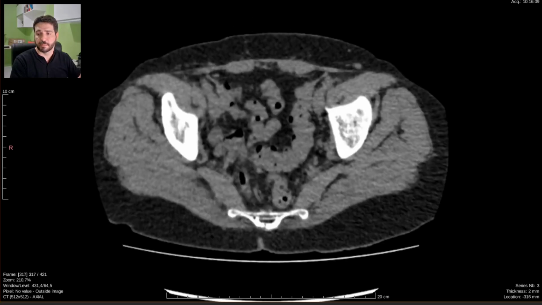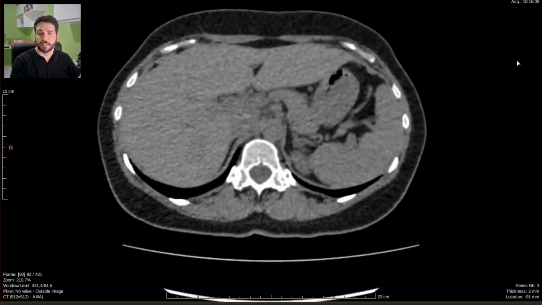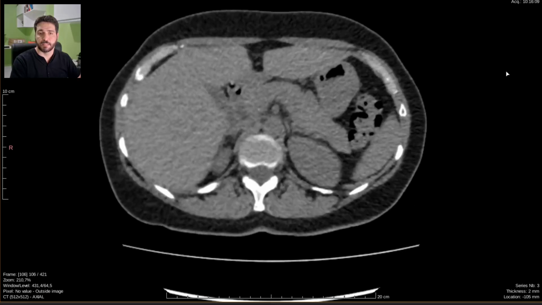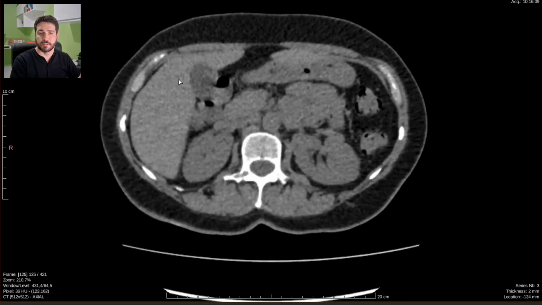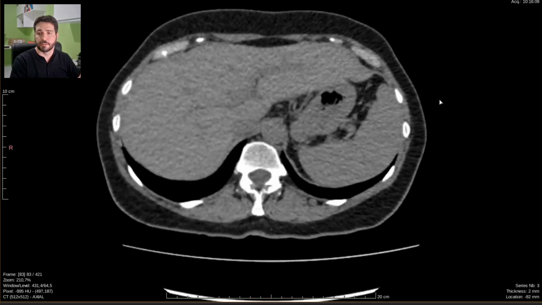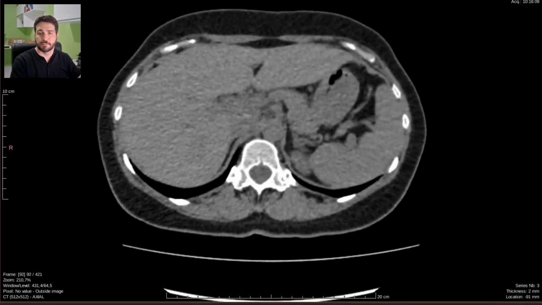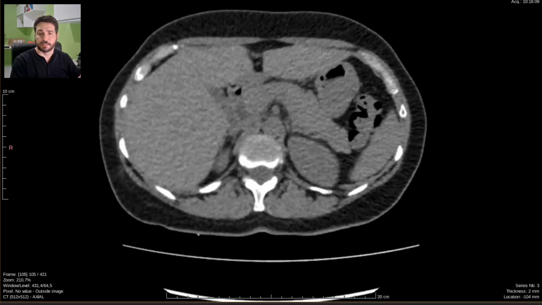This is an axial series of unenhanced CT scan images. So this is the gallbladder, it's on the right, so is the liver. The spleen is right here on the left, so I'm going to roll it once again to see if you guys can spot the disease.